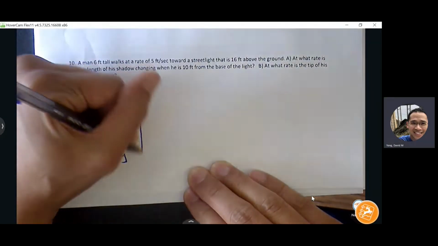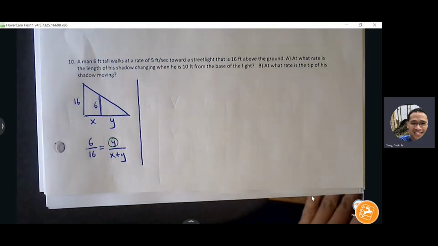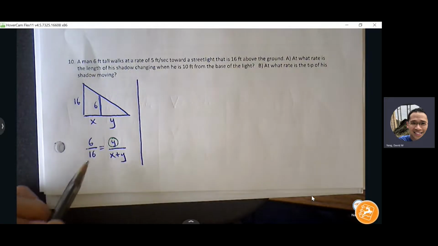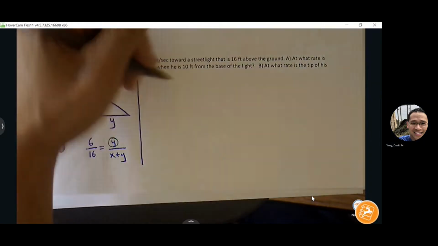Okay, this is the only equation that we need. Easier than cones, but it is still involving similar triangles. We cross multiply.